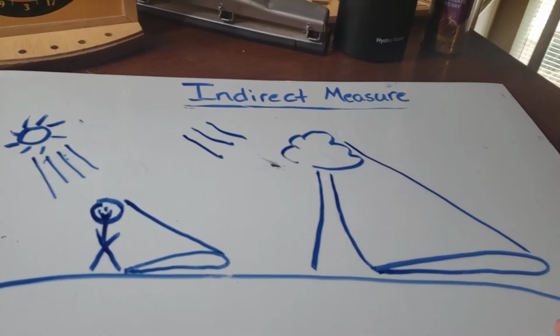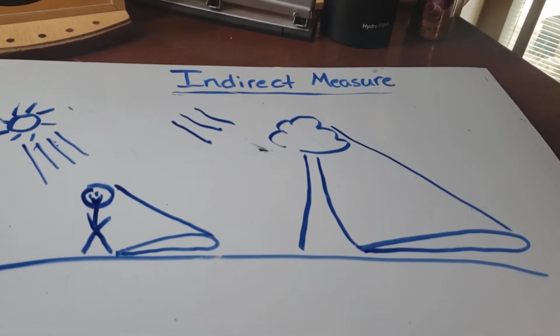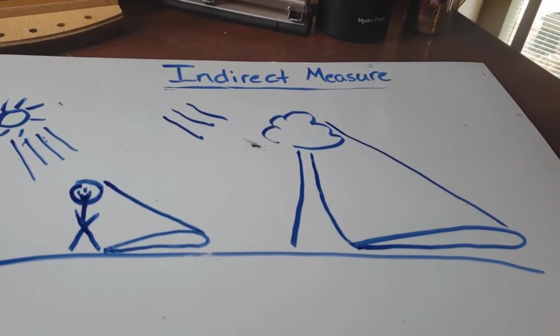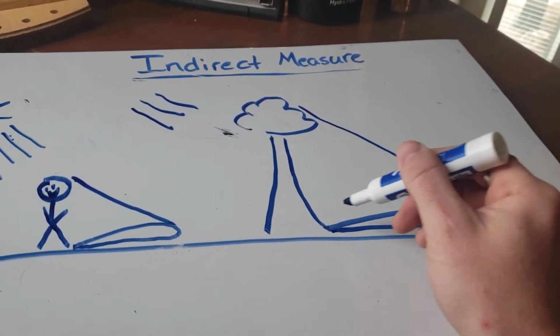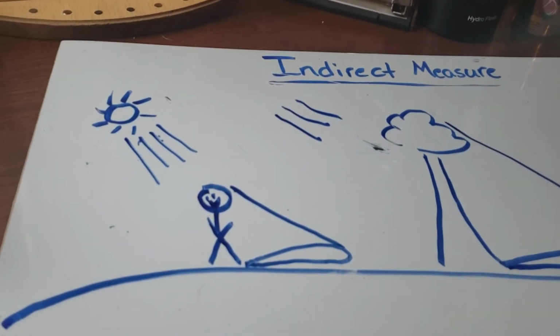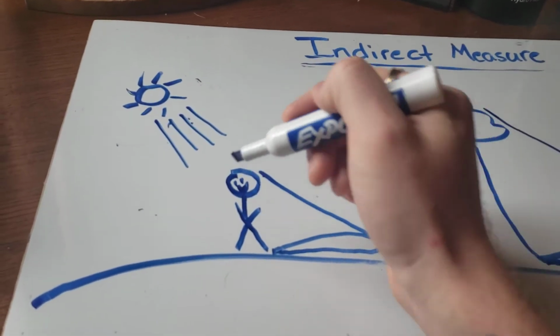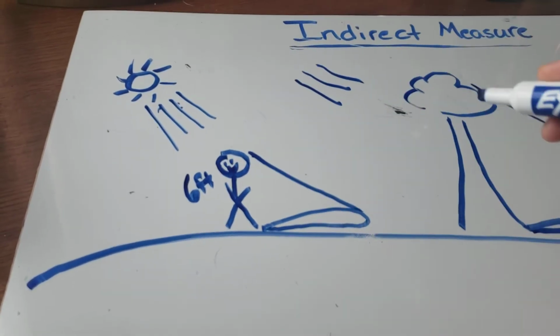So while you may not be able to climb a tree with a measuring tape and directly measure the height of the tree, something you would be able to do is measure the length of the shadow. All right, so let's use me for an example. I know that I am 6 feet tall.